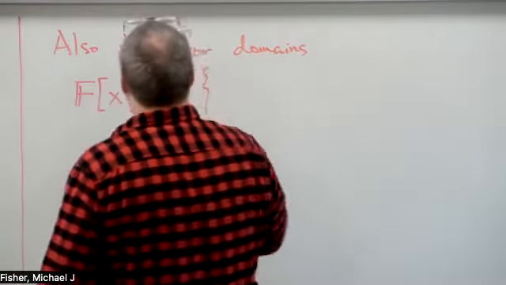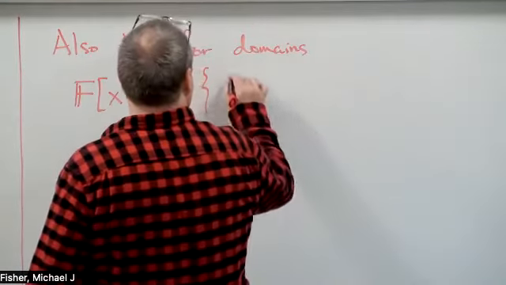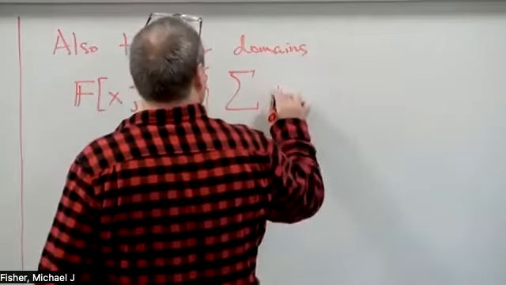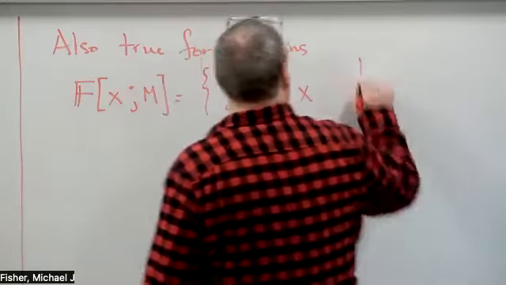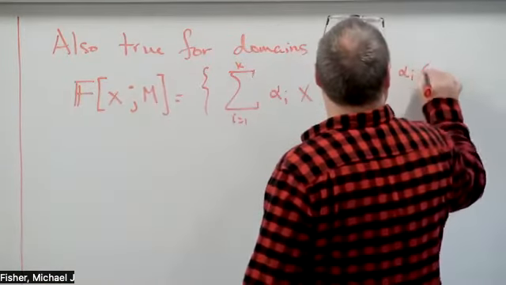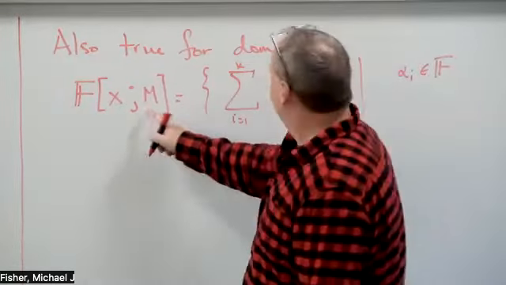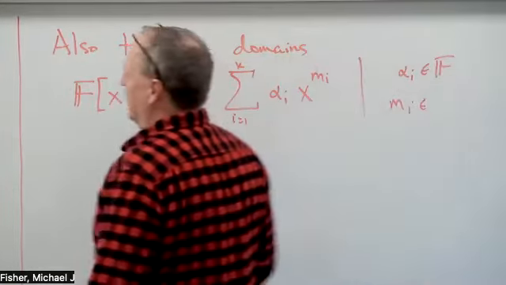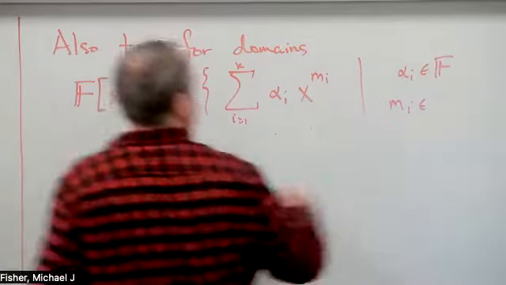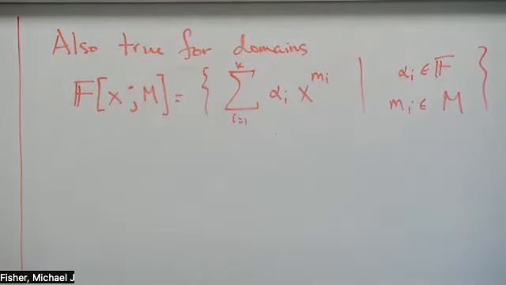What I mean by this notation here is this is like polynomials, right? So a typical element here will be a sum of alpha_i x^m_i. These alpha i's are in the field, whatever this field is, but the m's actually come from the monoid, which I'll call M here. So think of this as all possible polynomials, loosely speaking, that are allowed to have those exponents.